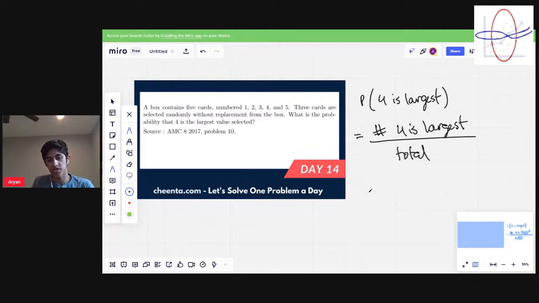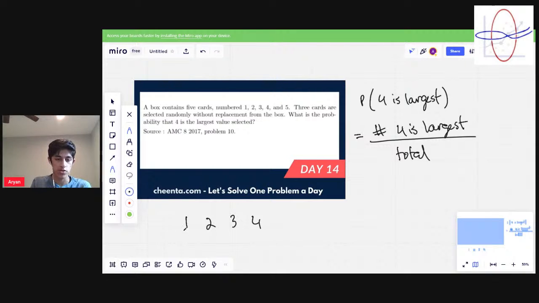So for this, you basically have 1, 2, 3, and 4. And of this, we want to pick 3 of these numbers, right? But 4 has to be one of them. So in other words, we basically already picked 1 card. It has to be a 4. So out of these 3 cards, we want to pick 2 of them, right?